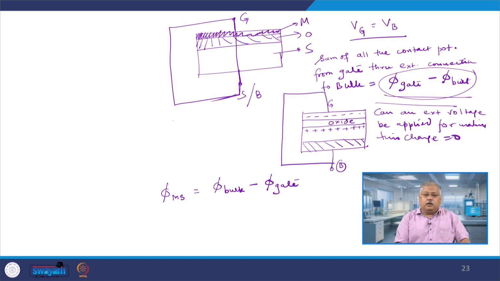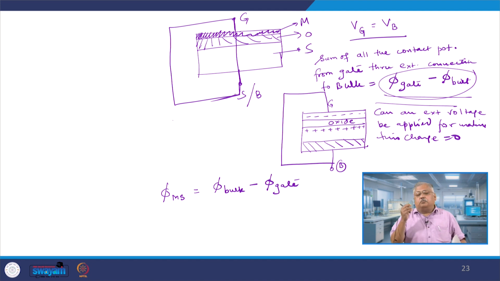You get the point, right. So, you have to apply a bias equal to phi bulk minus phi gate, which is just the negative of the previous case. Once you do that, you ensure that your total charge is going to 0, right. Now, this is the total external potential.